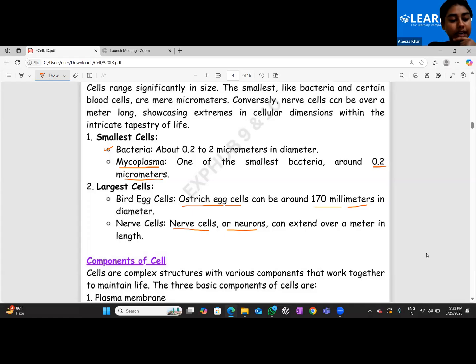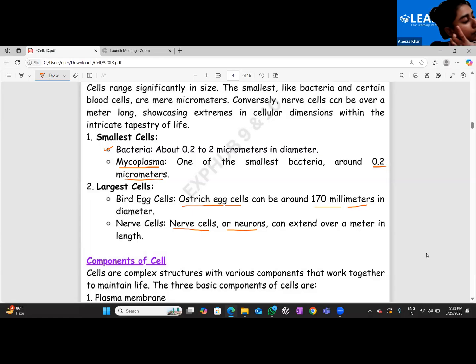Can you list the changes that take place in the body at the time of puberty? Ma'am, there are physical, emotional, and social changes.